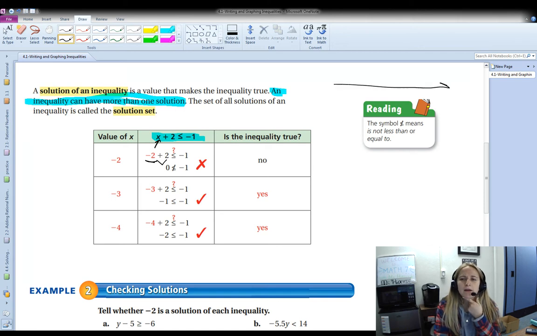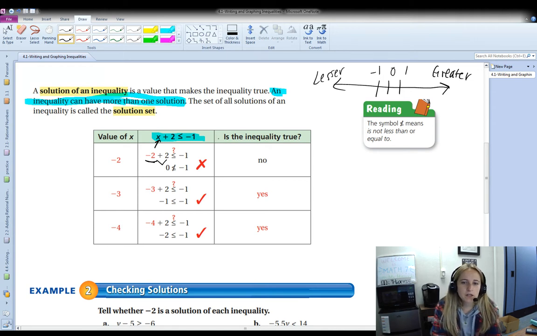Well, if you think about a number line, 0's here, -1's here. These are your lesser numbers. These are your greater numbers. So if they're saying that 0 is less than -1, that's not right because -1's on the left of 0. So no, that inequality is not true, which means that -2 is not a solution. Okay, it's not in the solution set.